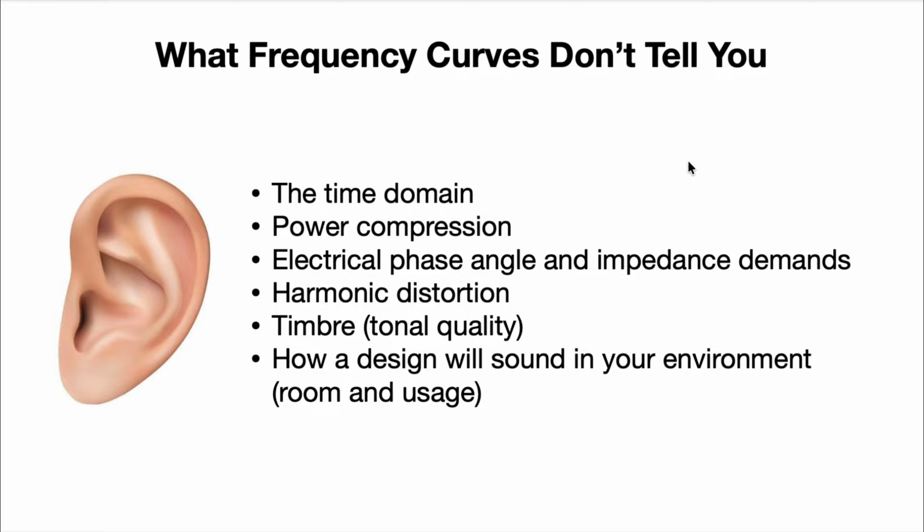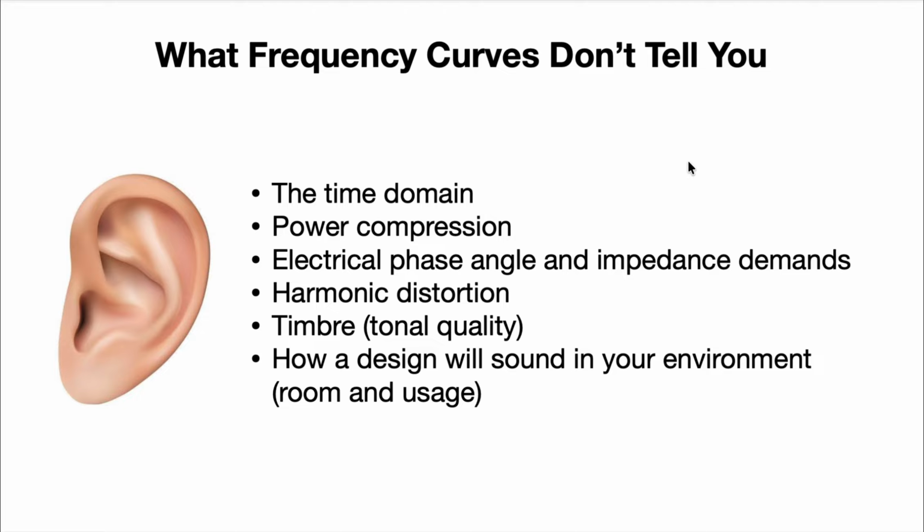Electrical phase angle and impedance demands. A frequency sweep or a more elaborate 360-degree, very detailed analysis of the frequency data of a loudspeaker doesn't tell you anything about the impedance demands that loudspeaker has. Those will interact with the amplifier that you're using and also potentially change how it sounds.